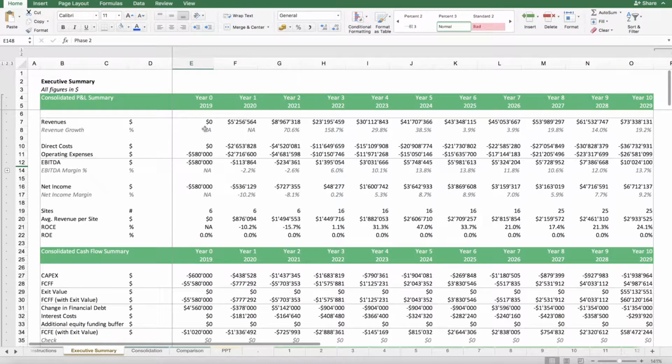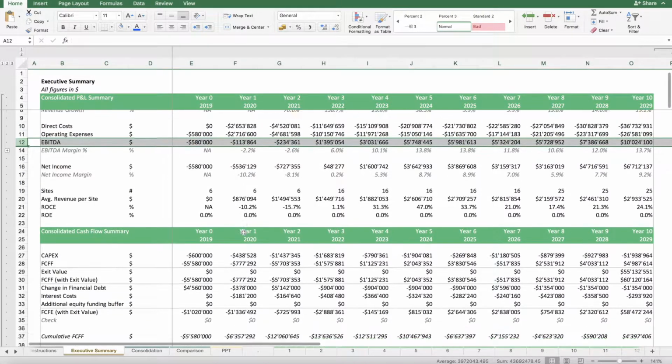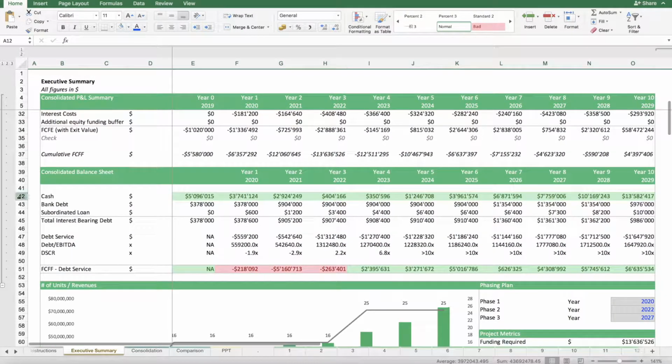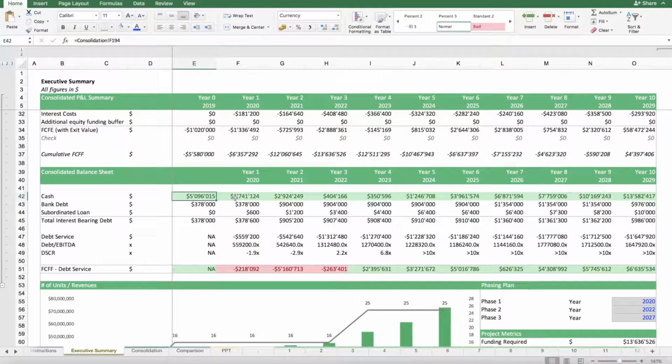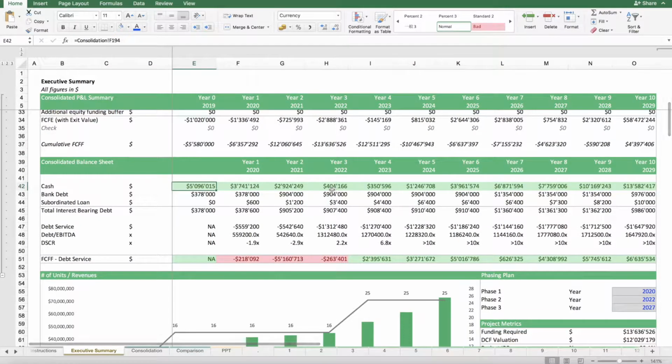One way to look at it is the overall revenues and the EBITDA, but more importantly, if your goal is to grow as fast as possible, you need to pay attention to how much cash is available to fund the expansion. So this always needs to be positive, and you also want to make sure there is some cash buffer.